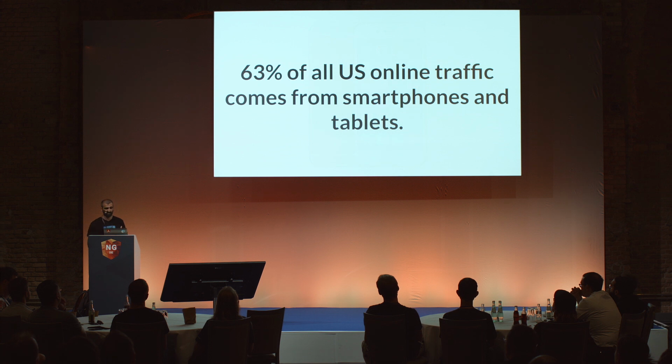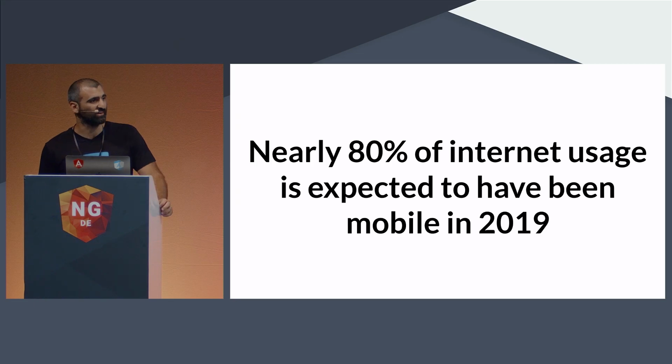It might sound insane, but 63% of all US online traffic comes from smartphones and tablets. By the end of this year, 80% of internet usage is expected to come from mobile devices. Crazy, right? Ivy is supposed to be much leaner than the view engine, and it cuts the bundle size, so our mobile user experience is going to be much better.